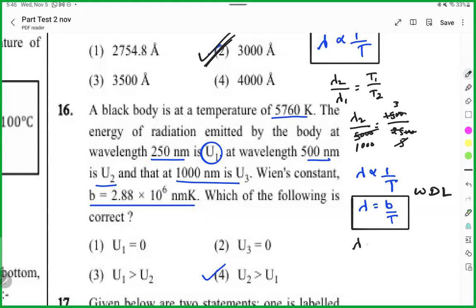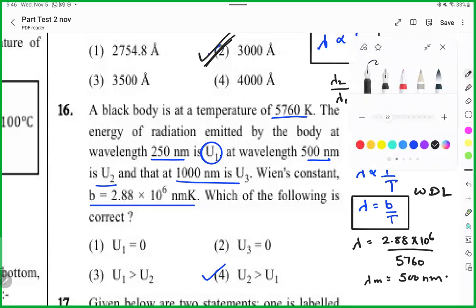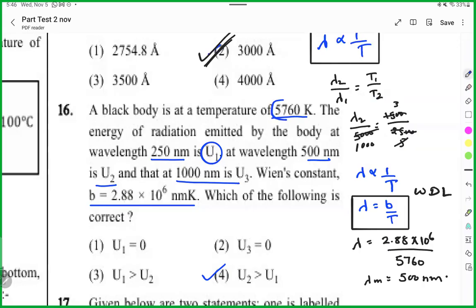Wavelength will be b value, 2.88 into 10 raised to power 6, divided by the temperature, 5760. If you calculate, wavelength will be 500 nanometer at this temperature.